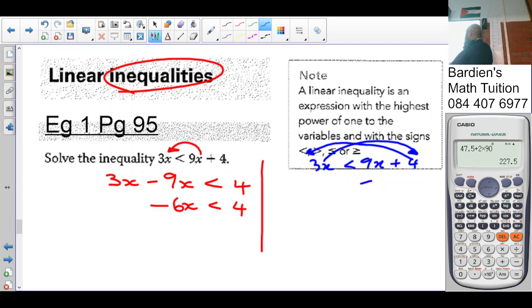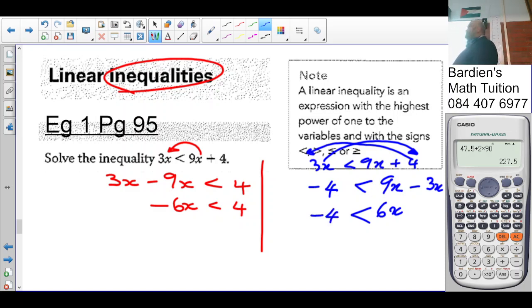Then what would it read now? 9x minus 3x is greater than negative 4 on that side. What is 9x minus 3x? 6x, negative 4.